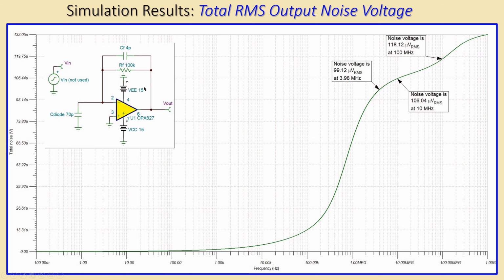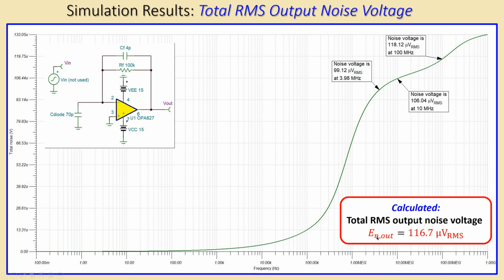Okay, now the total RMS noise voltage, that's very important because we have calculated that. Now we will check that. This is again our circuit, and what you see is the calculation. Let's first remember that the calculation was 116.7 microvolts RMS, again with this very simplified model for our photodiode, just a capacitor of 70 picofarads. I've given here 3 labels.